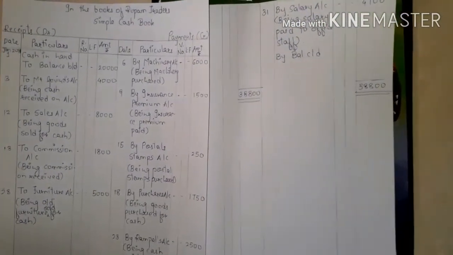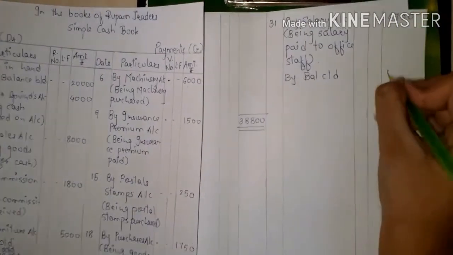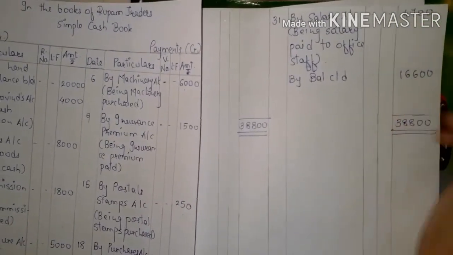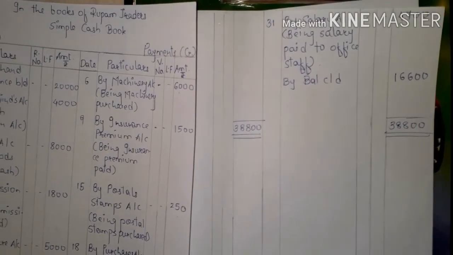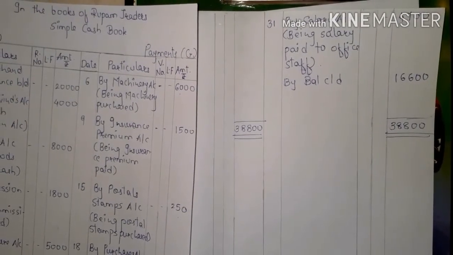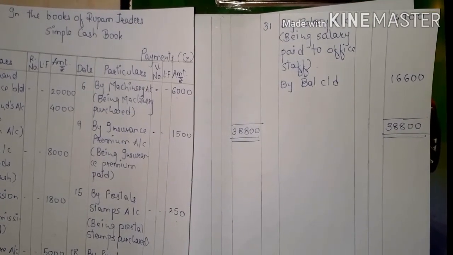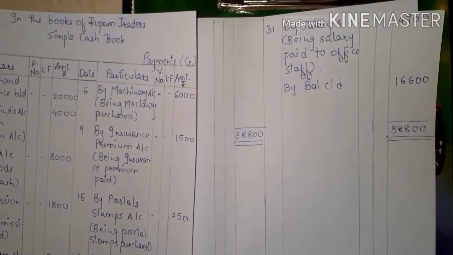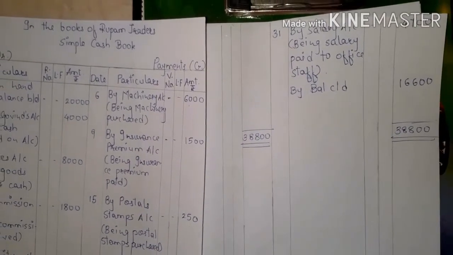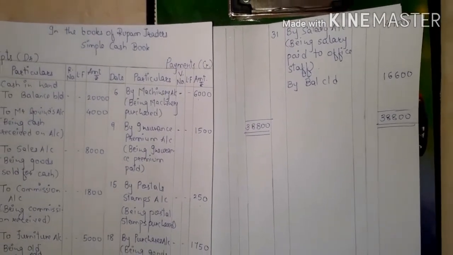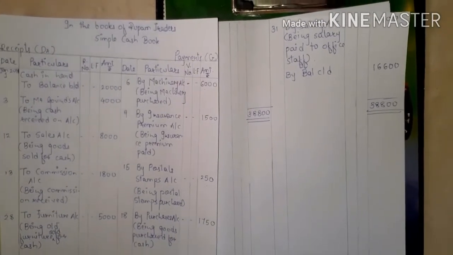So what is the amount? 16,600. So this is the amount that is being carried down, and this balance carried down amount is going to be a balance brought down in the next financial year or next financial month or next month.